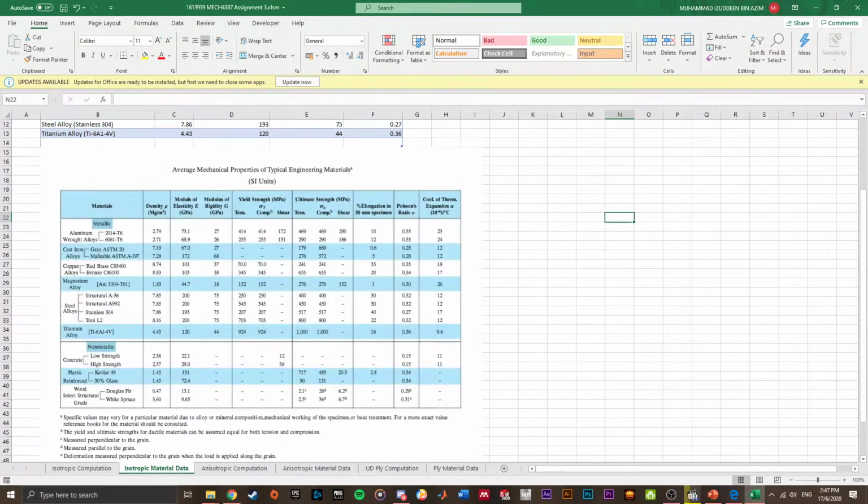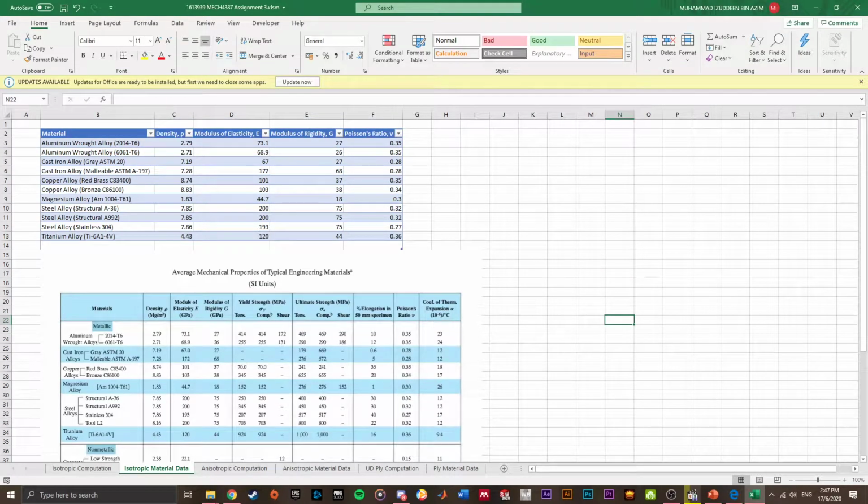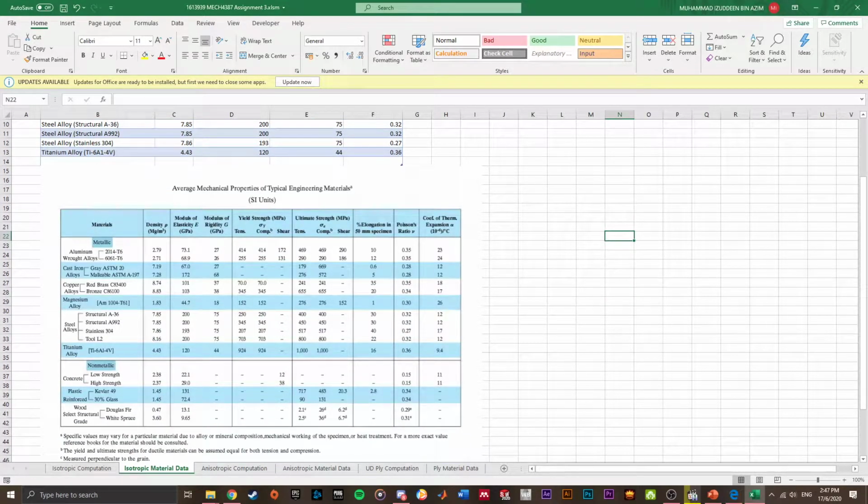Okay, we can see that this is isotropic. Actually, many materials are isotropic. For example, here we can see that this is all isotropic.